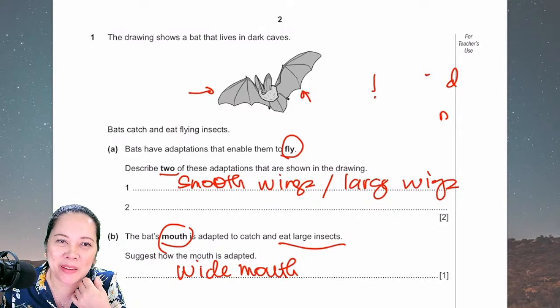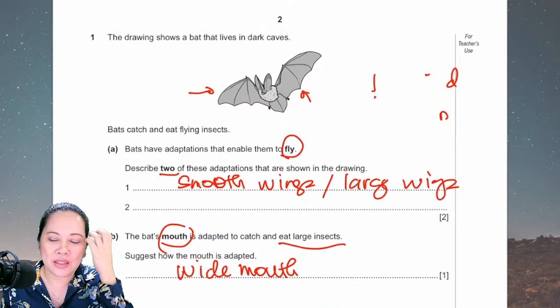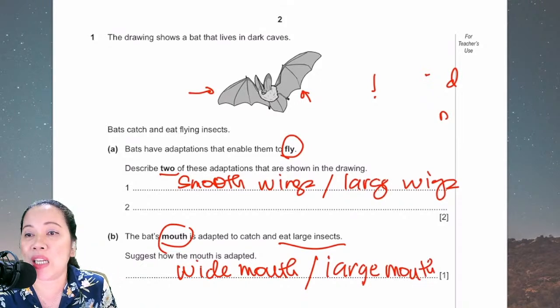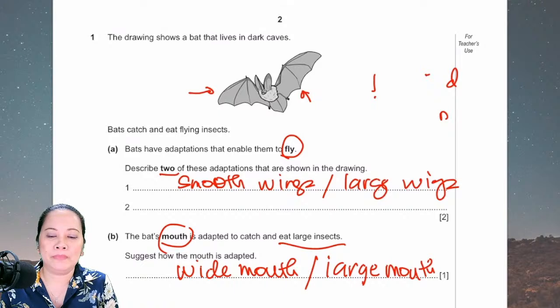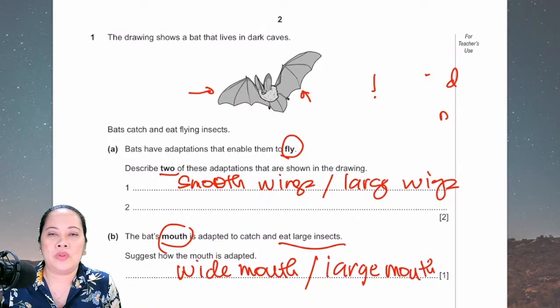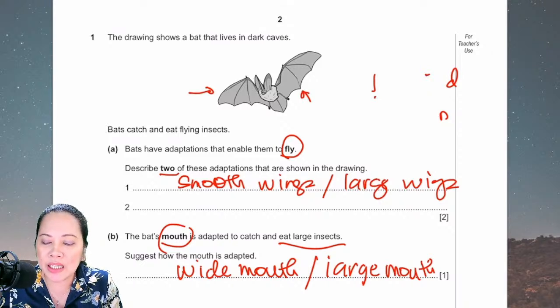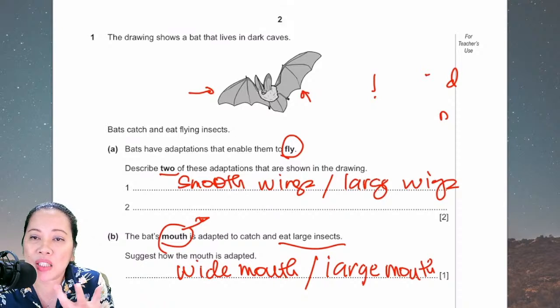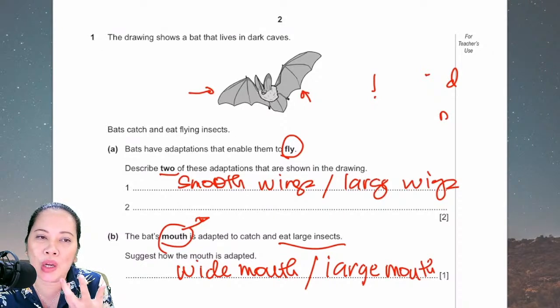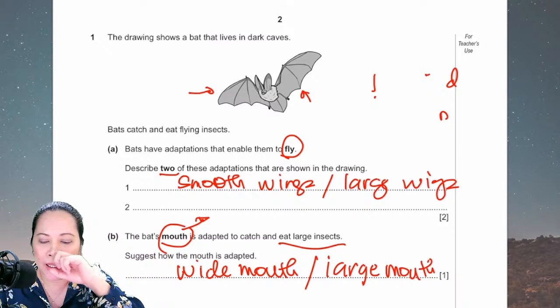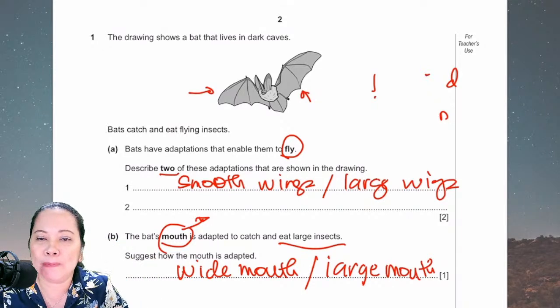So you can use that as an answer. Your cue word here is the word mouth. Because it talks about mouth, that means that it has something to do with how the mouth opens and the big and large insects come in. So that's how you would answer it.